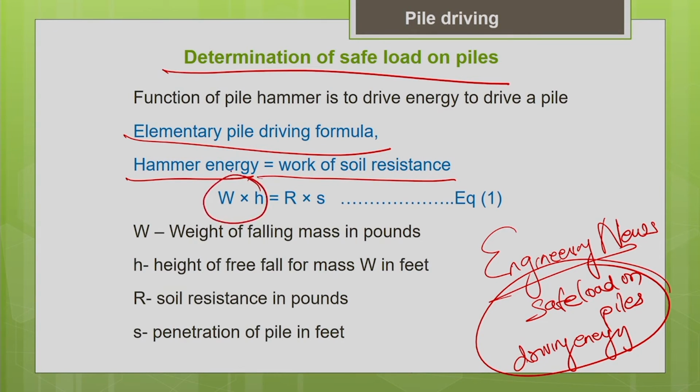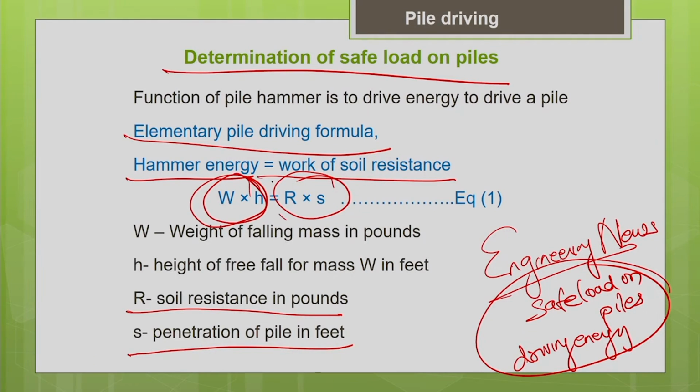So, hammer energy is nothing but W into H, and the resisting energy is nothing but R into S. What is R? R is the soil resistance in pounds, and S is the penetration of the pile in feet. So, basically you have to blow the hammer on the top of the pile. You offer the blow energy and get the work done. So, what is the work done?